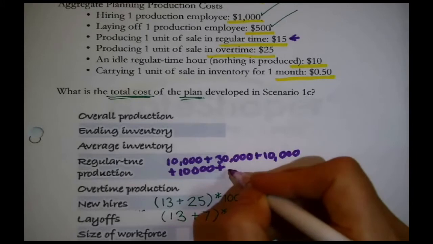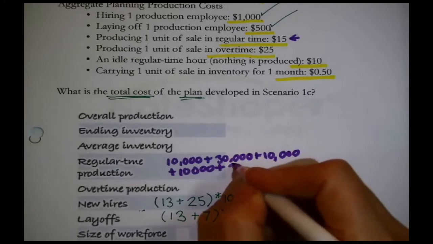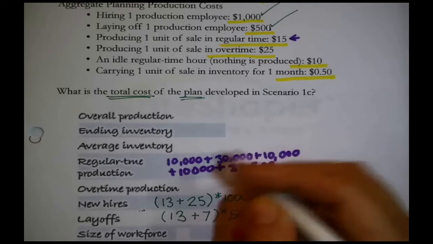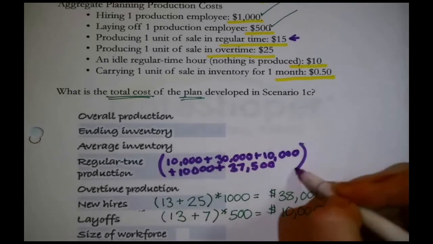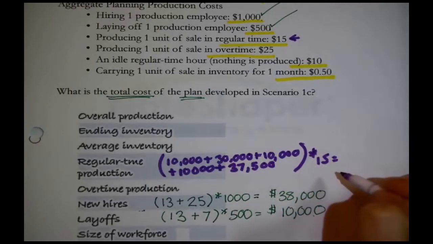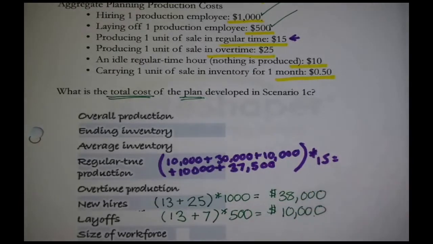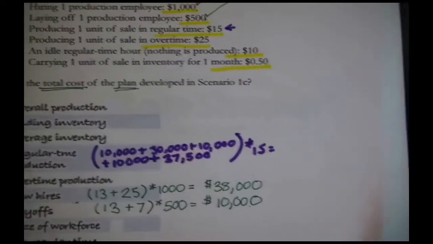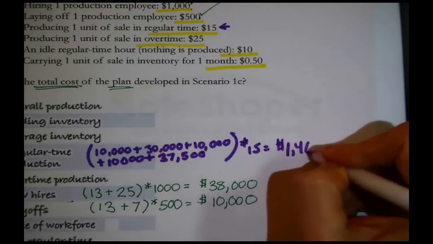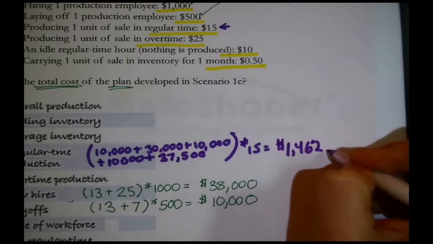I'm not going to bother to write plus 0. I'm just going to tag on a lot of regular time production in the sixth month, 37,500. Add up all these numbers, multiply each one of them times 15. Okay, this is a big bill for regular time. For regular time production, I get 1,462,500.